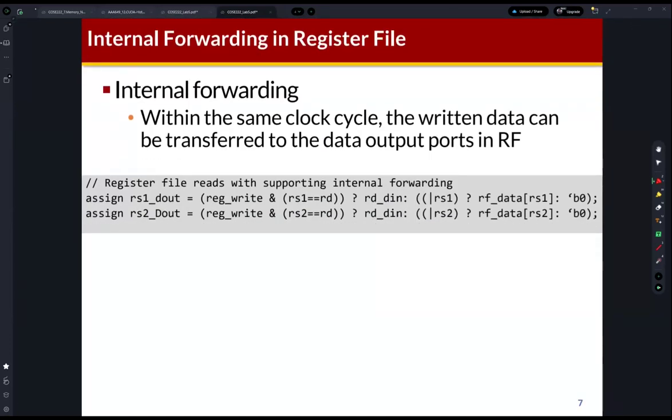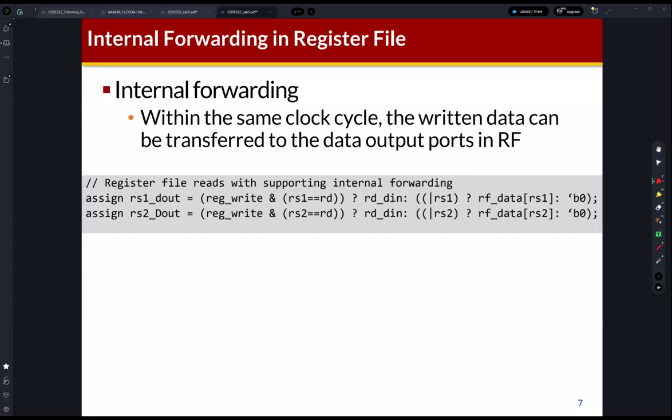And then the internal forwarding is implemented in the register file. So I also provide the complete design of the register file, so you don't need to modify any other design files. You can just modify the top of the CPU, the pipeline CPU design.